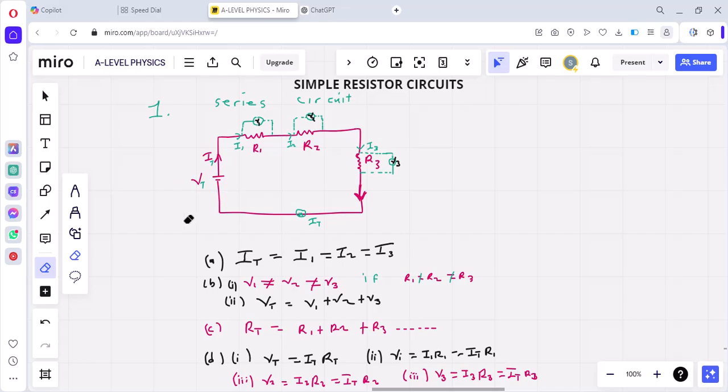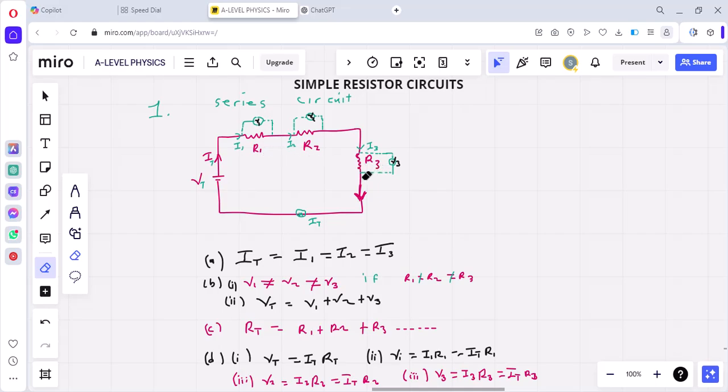Now, what are some basic hints that you need to follow when solving problems on series circuits? One, you should note that the total current through the circuit is the same current that is passing through resistor 1, resistor 2, resistor 3.